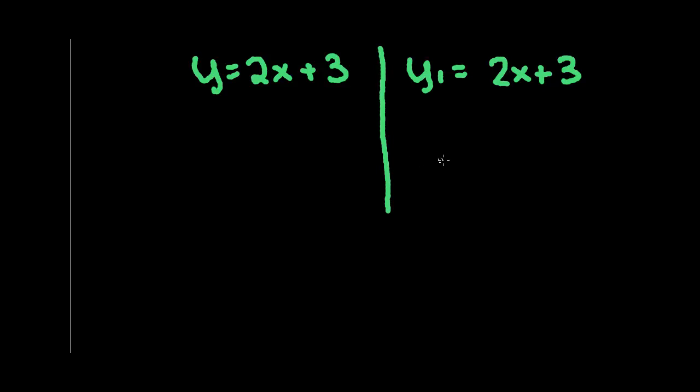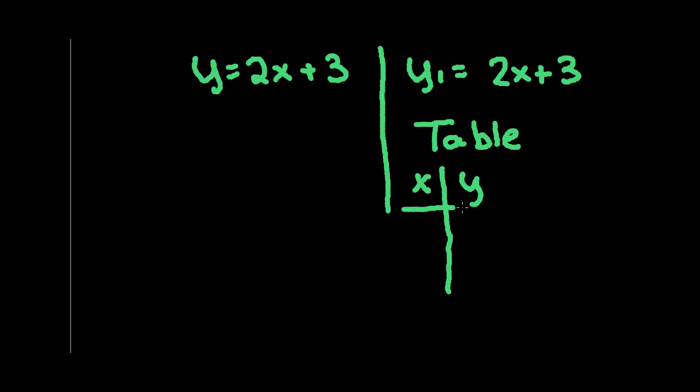Then we use the table function. I believe you get there by pressing second table. Under there you can get a table, and the table will give you a list of all the x, y coordinates for this particular function.